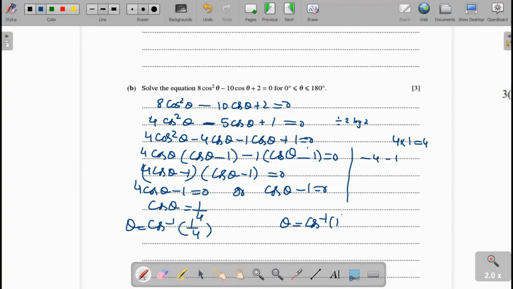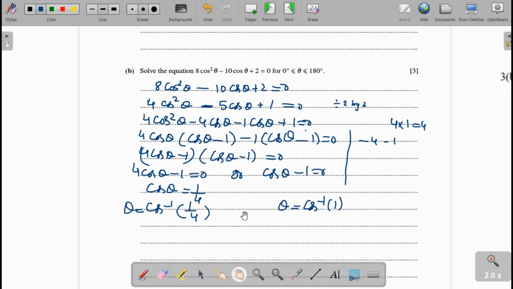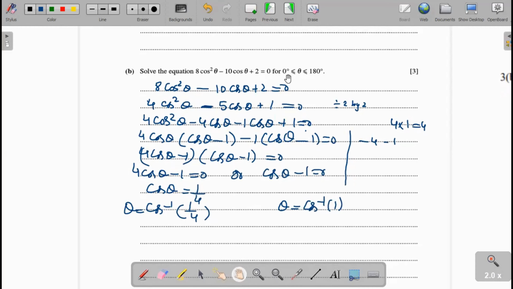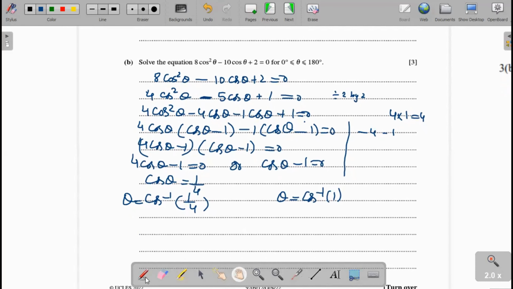Now we find the values. Here you can see the range of the angle is 0 to 180, therefore the angle lies between the first and second quadrant. Cos is positive in the first quadrant and the fourth quadrant, so we take the value only in the first quadrant. Alpha = cos⁻¹(1/4).